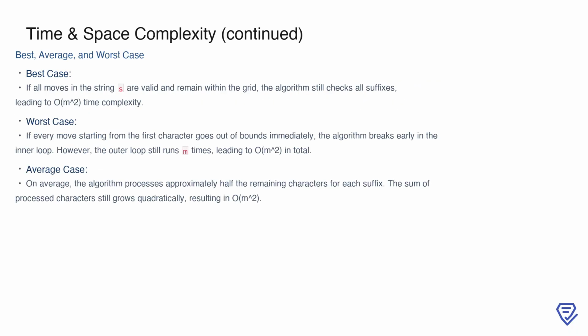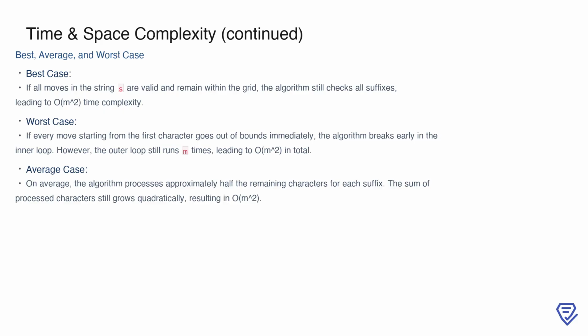Next, let's consider the best, worst, and average case scenarios for this algorithm. In the best case, all moves in the string s are valid and stay within the grid boundaries. Even in this scenario, the algorithm still processes all suffixes of the string, leading to a time complexity of O(m squared). In the worst case, every move starting from the first character goes out of bounds immediately.